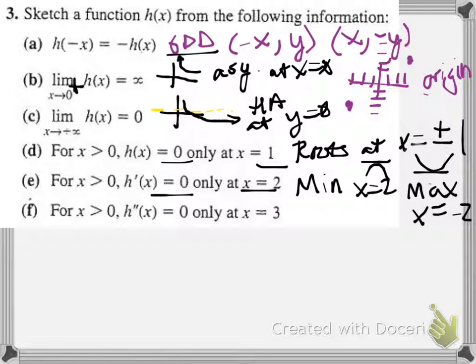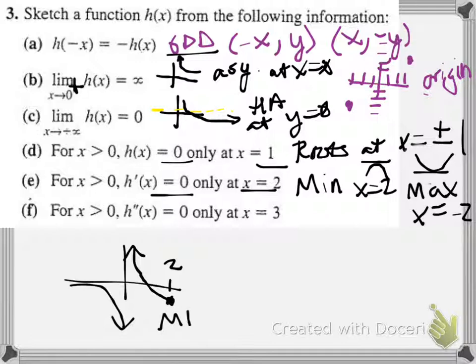The reason why I'm saying that one is a min and one is a max, and that I can tell, is I already know I have some asymptote information, behavior going on there. And by the way, since this is an odd function, if this is happening on the right-hand side after we're approaching 0, then something along the lines of this is happening on the other side. Also, if I have something going on at x equals 2, there's something going on here that's making this a min.